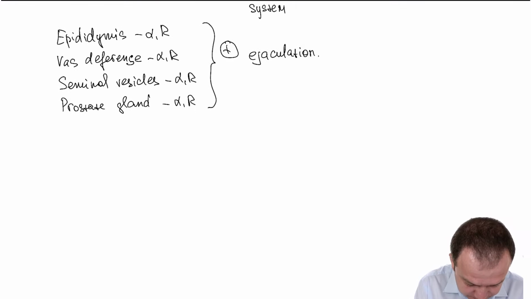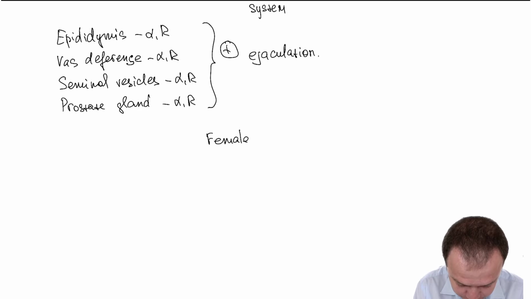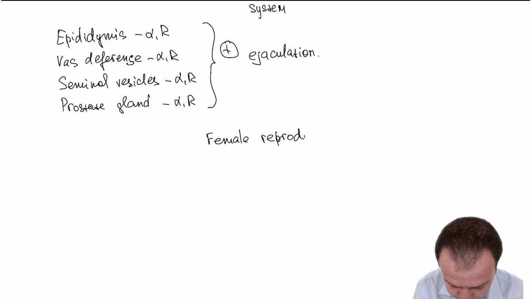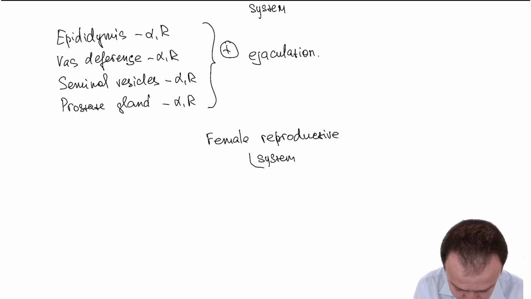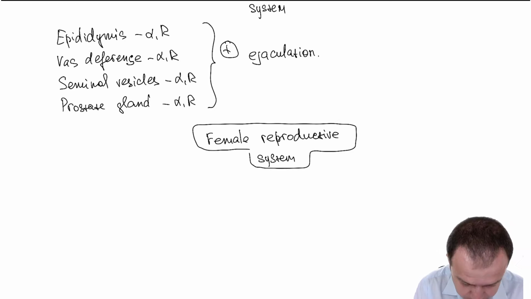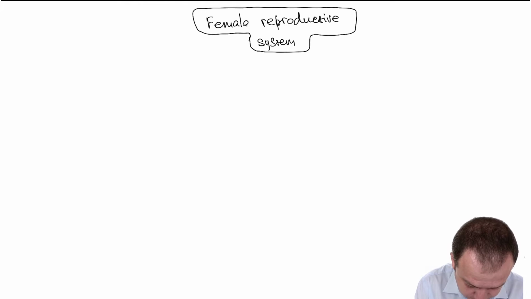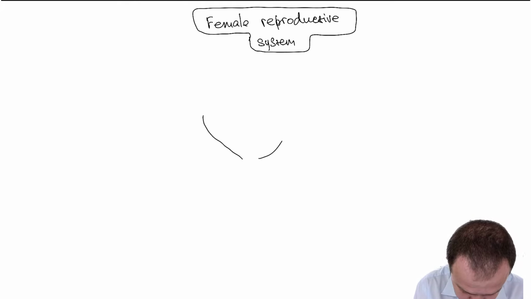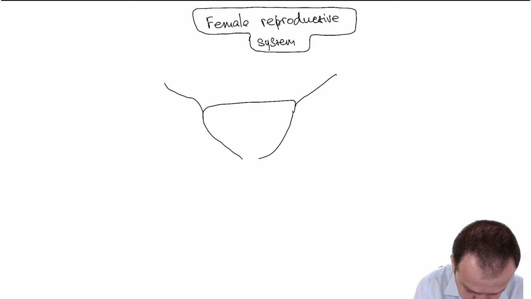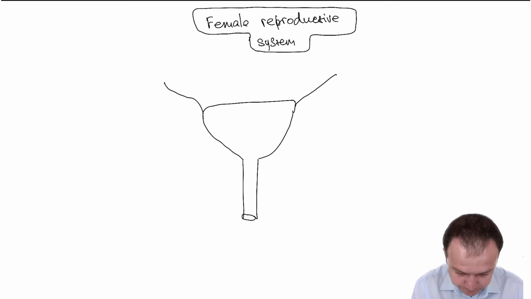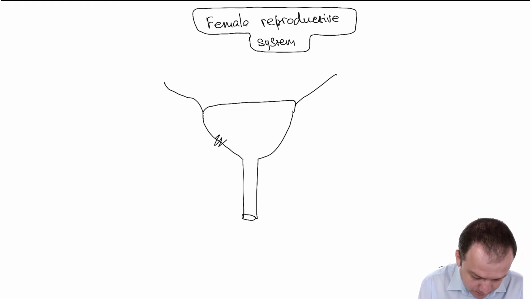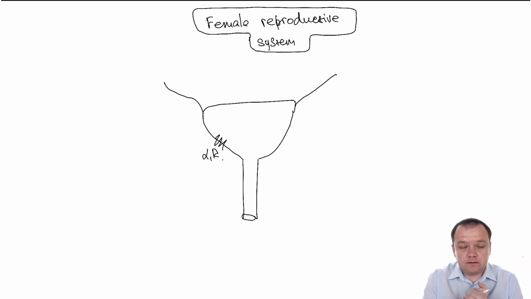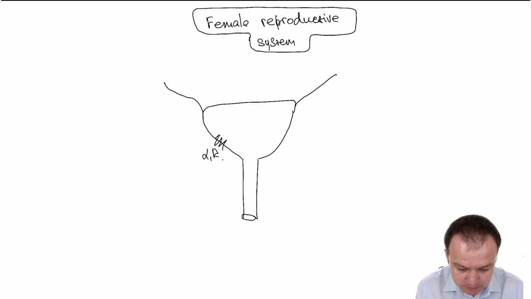What about female reproductive system? Of course, we're talking about uterus, and in the uterus we have alpha-1 receptors, and if we do not have pregnancy, activation of alpha-1 adrenergic receptors causes contraction.